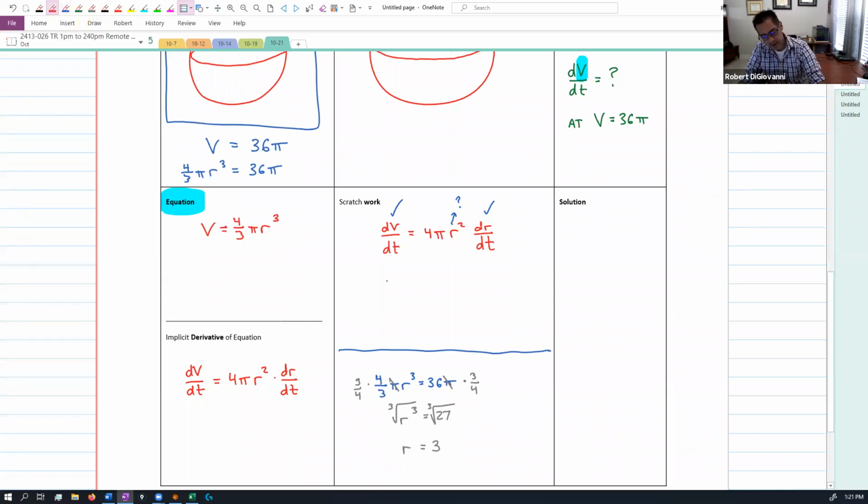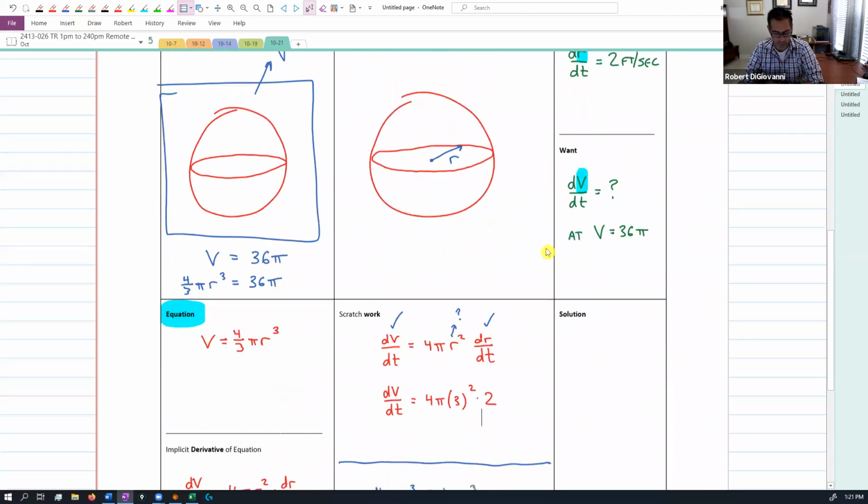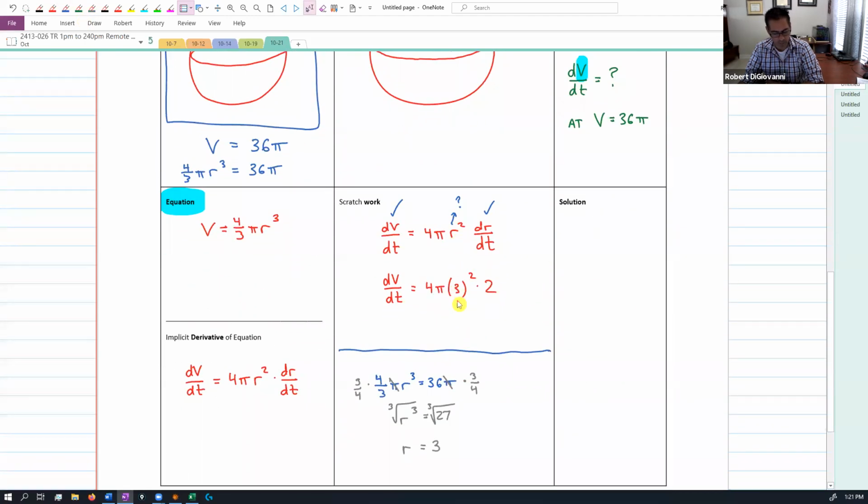So I can come back here, dv dt equals 4 pi. Radius R, which is 3 squared, dr dt is 2. dr dt is 2, that was up here, right? Radius we just solved for.